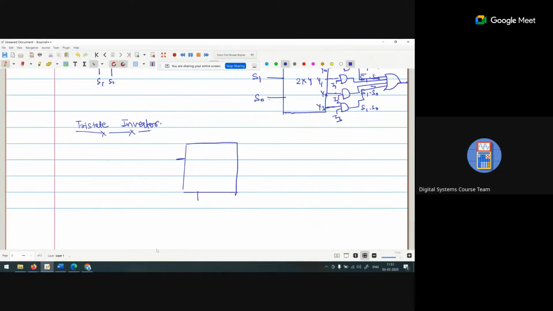So what we do here is that we are using tri-state inverters.